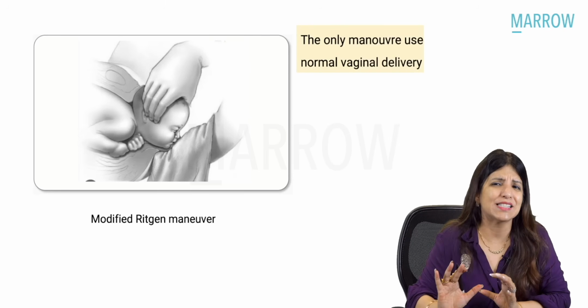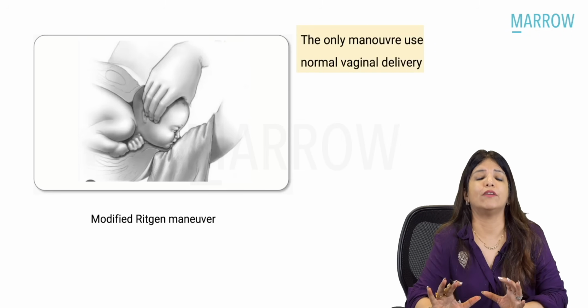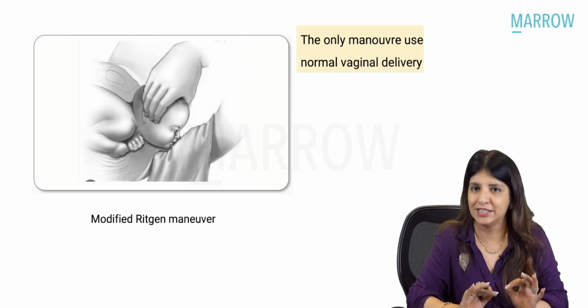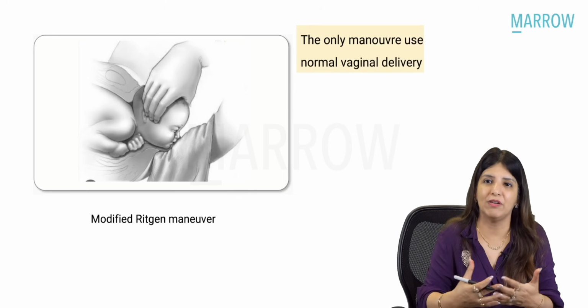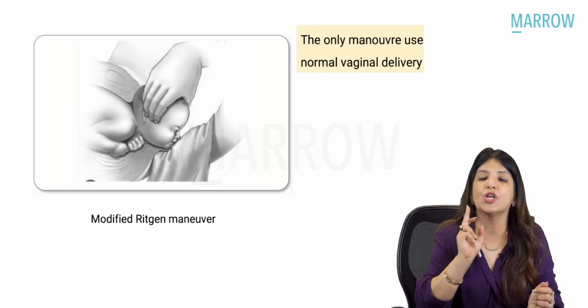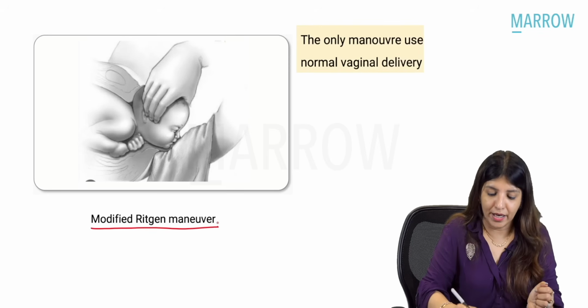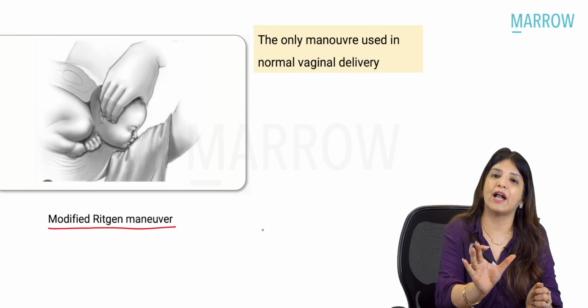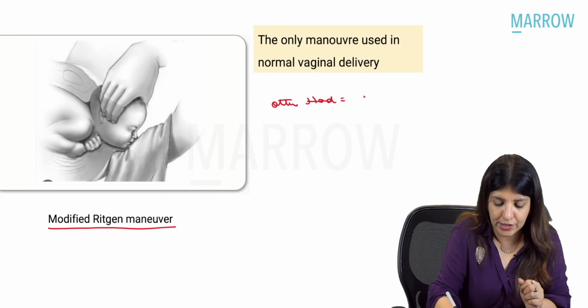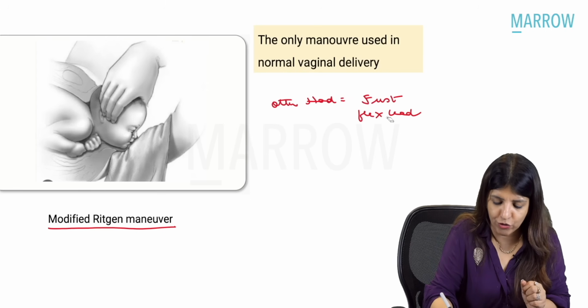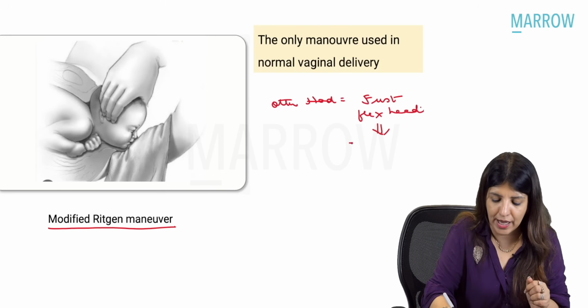Then, there is only a single maneuver you have to remember for delivering the head of the baby in a normal vaginal delivery, and that is the modified Ritgen maneuver. With one hand you support the perineum, and with the other hand you first flex the head of the baby so that the smaller diameter comes out first, and then you extend it.